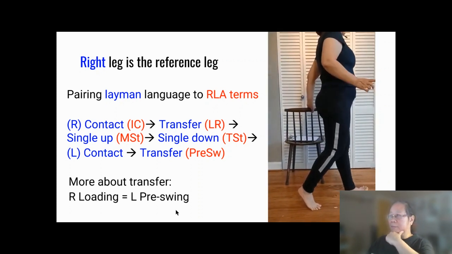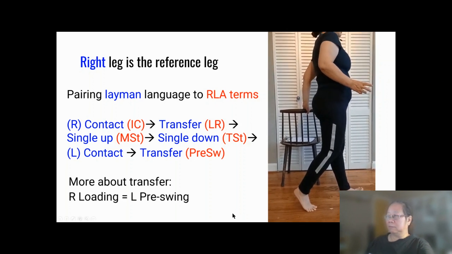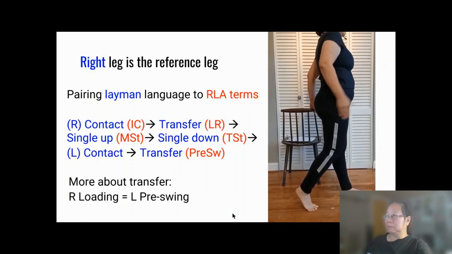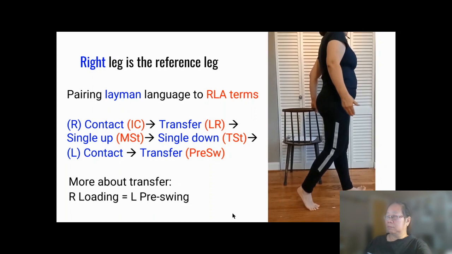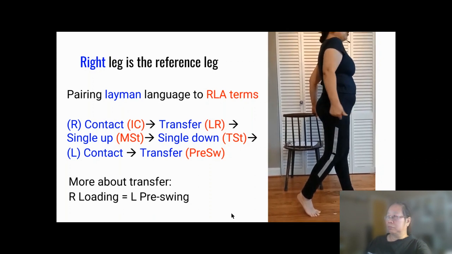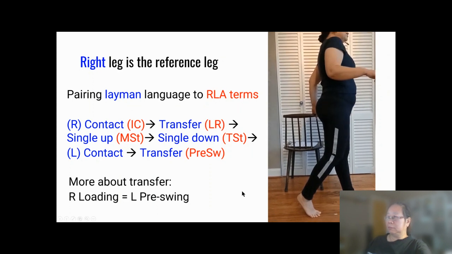Okay, this one is a little bit hard, some students didn't get it easily. So this right leg is about to swing, right? It's prepared to unload, but it's also before the swing, so we call it pre-swing. And don't get confused. It's PRE, pre-swing. So if swing has not happened yet, it's still in the stance phase.